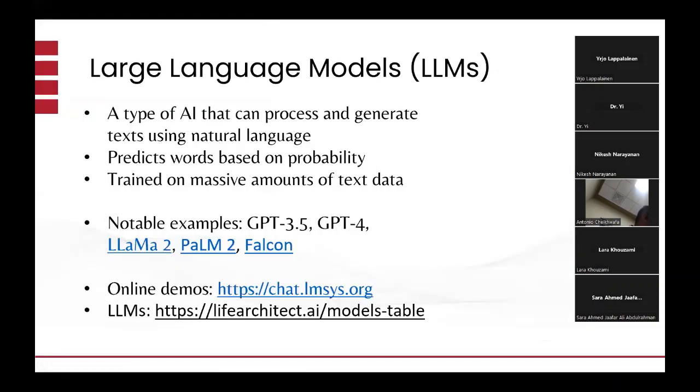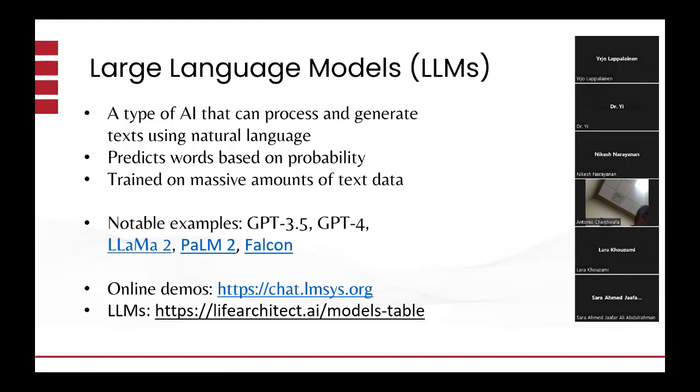Then what are large language models? They are a type of AI that can process and generate text using natural language, and they predict words based on probability. This is a little bit oversimplified, but basically they just predict the next word in a sequence of words based on probability.